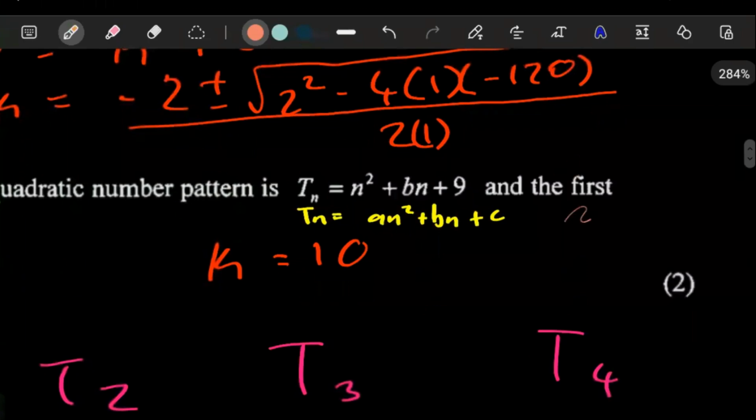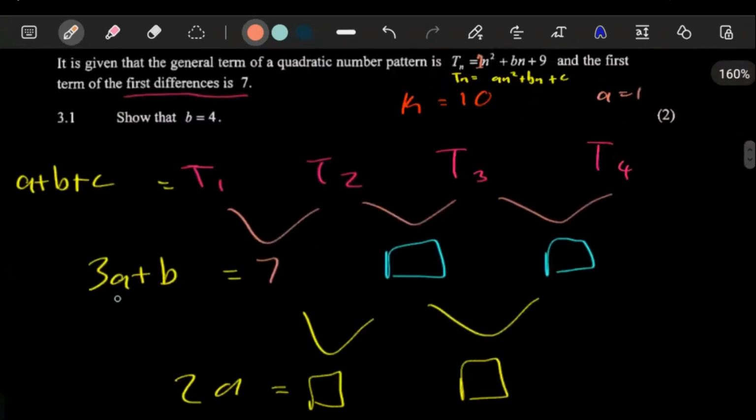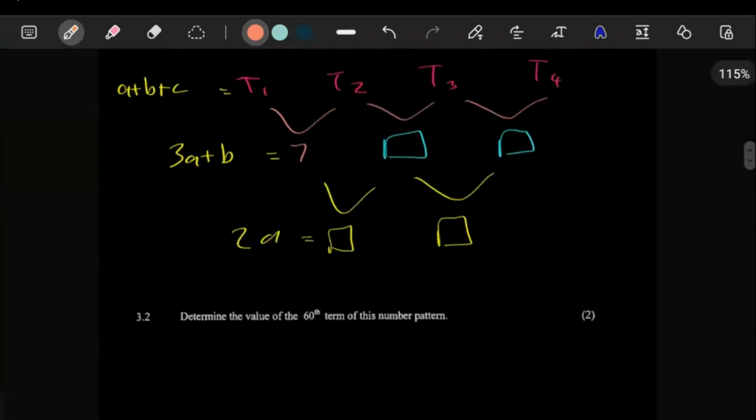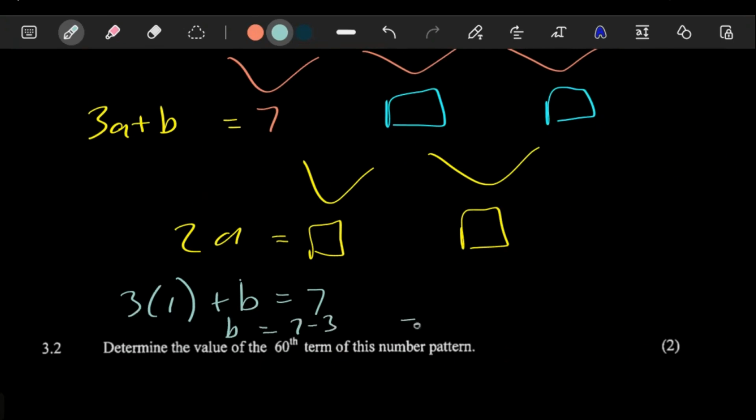In this situation, we already know that a is a 1 because the number in front there is a 1. This allows us to just use this equation to get b, because we can just say 3 times the 1 plus b is equal to 7. 3 plus b is equal to 7. So the 3 has to go to the other side. b here is a 4.